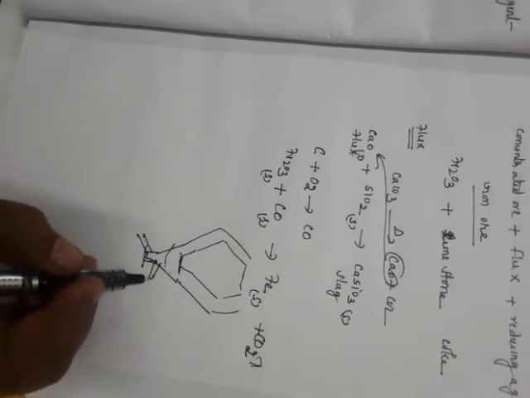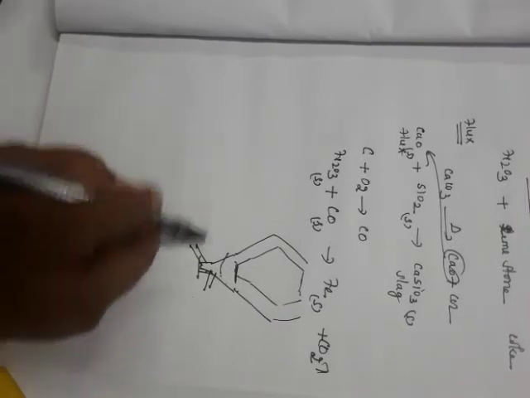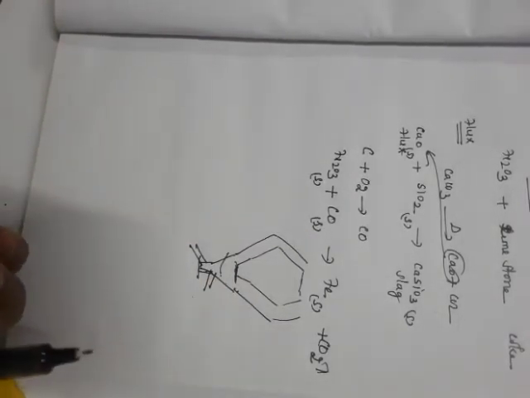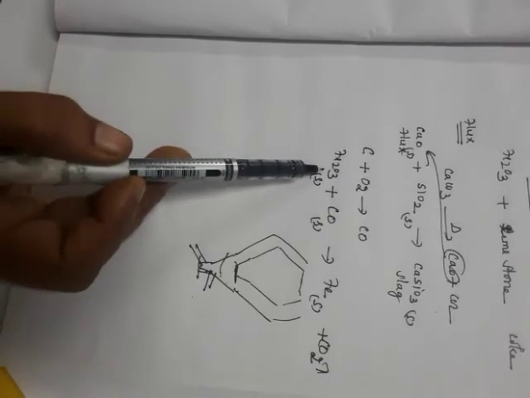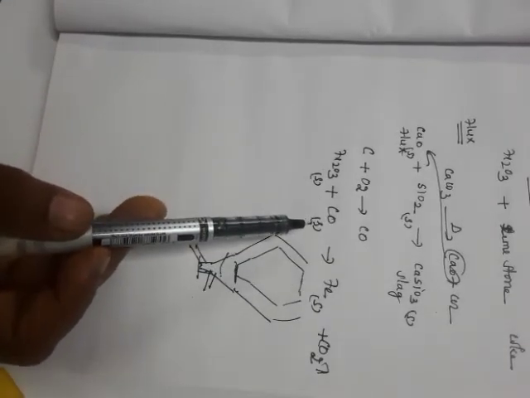This is how the steps are followed for iron ore: oxide of iron is reduced by carbon monoxide to iron.